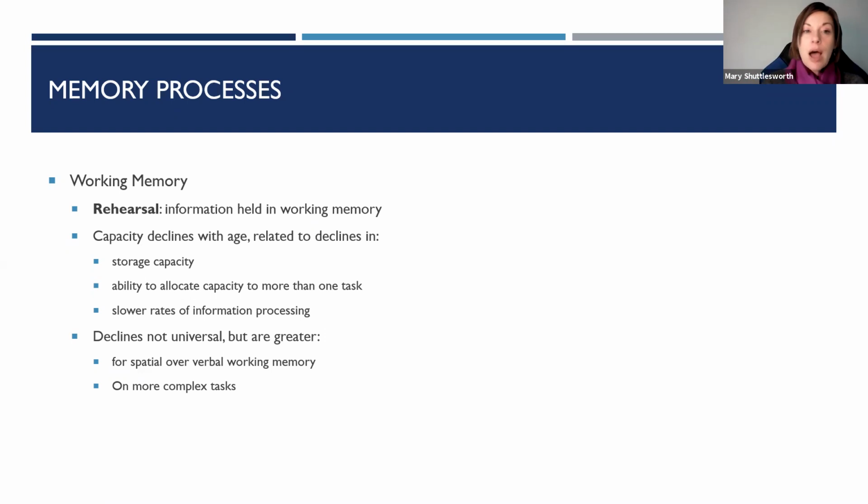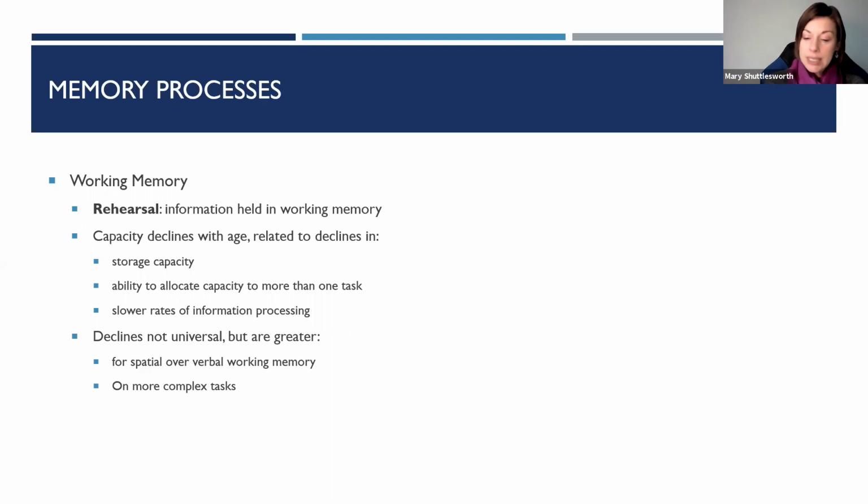They also see declines in how much attention they can allocate to more than one task at a time. So that multitasking, remember, becomes slower and requires more conscious effort on the part of the person. And we also see that working memory becomes slower at processing incoming information.